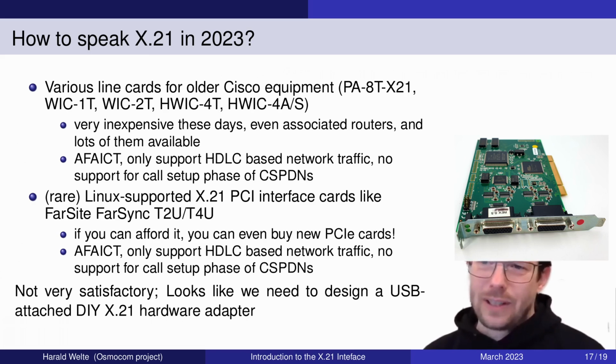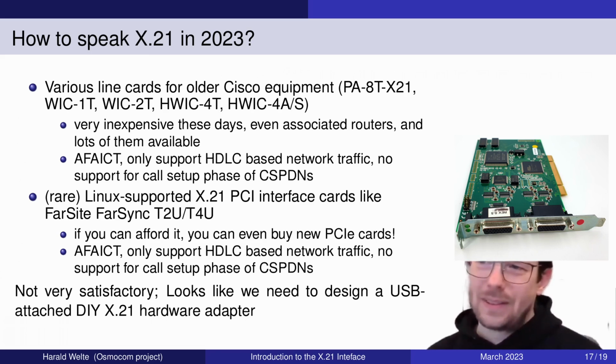You can also find, and I actually found one for an affordable price, these FarSync cards, Farsight is the company. What you see on the right-hand side here is a T2U card. It has two 15-pin DSUB connectors for X.21.